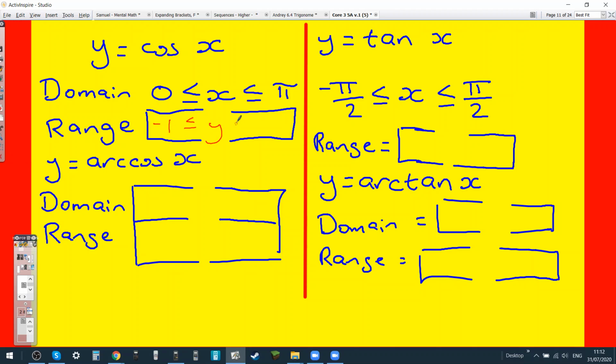Yeah. And so arc cos x. So will the domain be minus 1 is smaller or equals to x is smaller or equals to 1? And then 0 is smaller or equals to y is smaller or equals to pi. Yep.